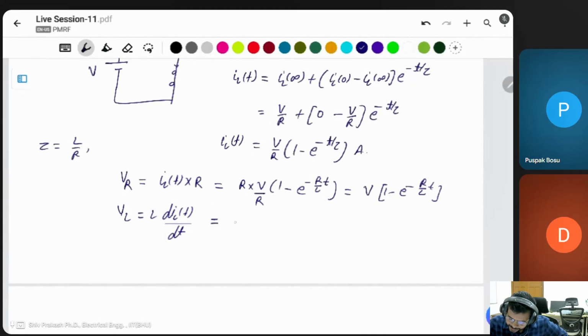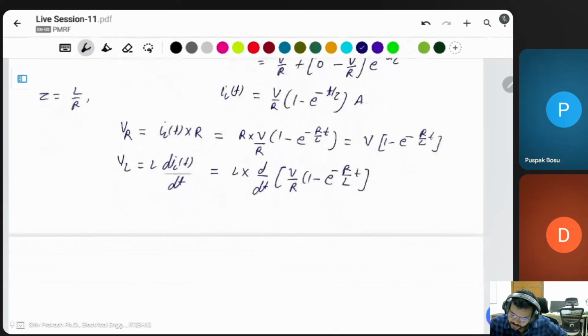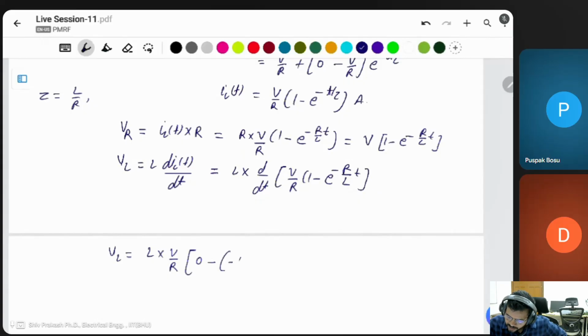This will be equal to L into d by dt of V by R into 1 minus e to the power of minus R by L into T. Differentiating this, V by R can be taken common. The differentiation of 1 is 0, minus the differentiation of e to the power of minus something, which will be minus R by L into the same e to the power of minus R by L into T.